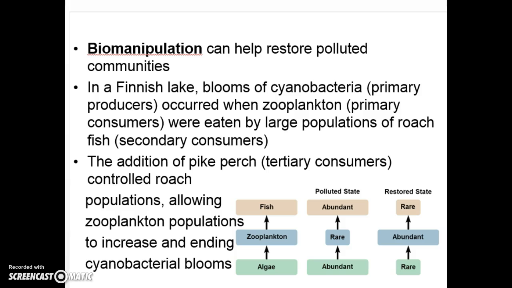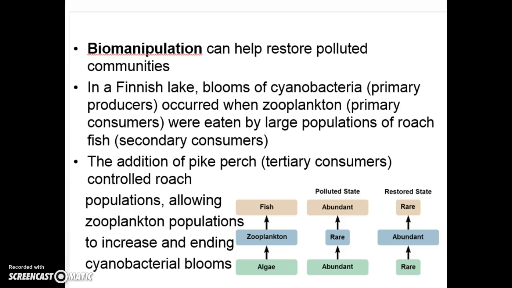The biodiversity is threatened, the stability of the relationships between the different populations becomes threatened as well. So what happens is they can introduce something, for example, in the Finnish lakes, they added a type of fish called a pike perch, which is a tertiary consumer to control a roach population, which then allowed the zooplankton population to increase.